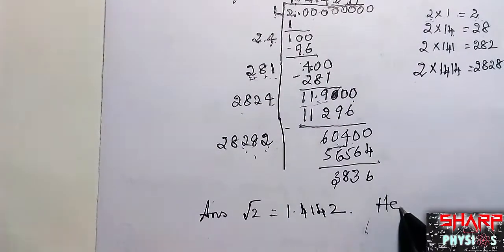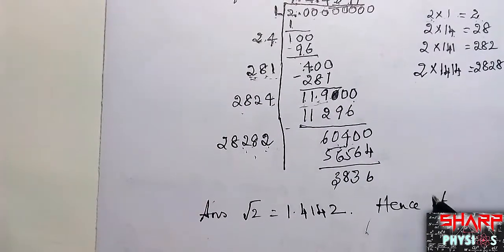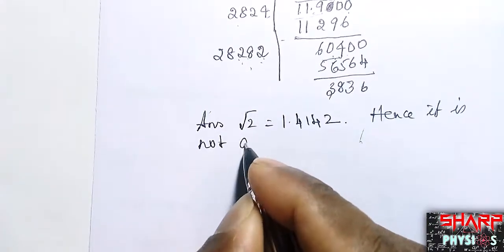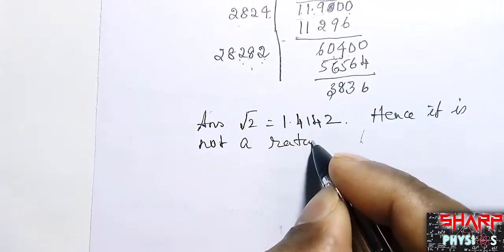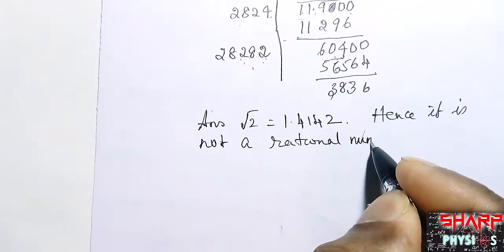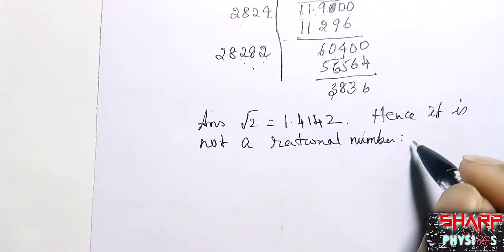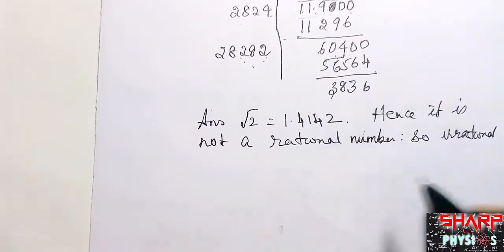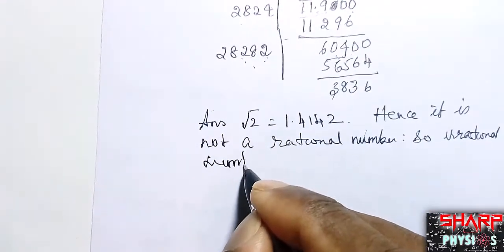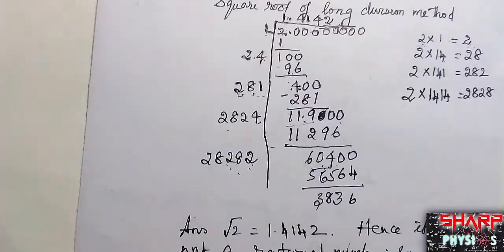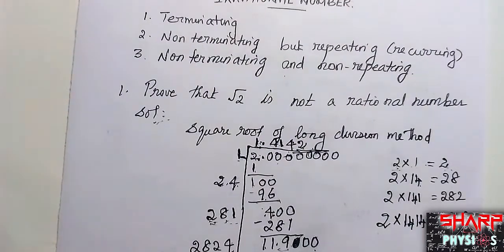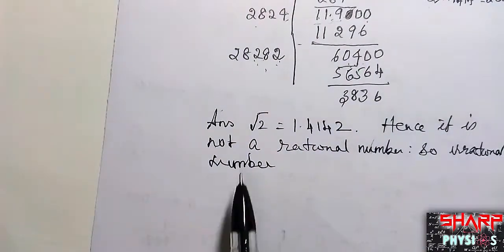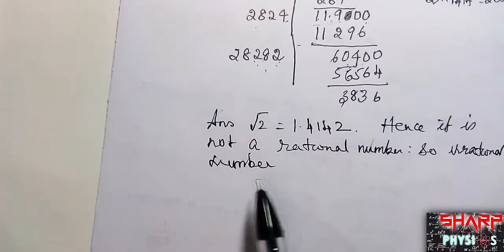Hence, it is not a rational number, so it is an irrational number. Our question is, prove that root 2 is not a rational number. So we have proved it is not a rational number, so it is an irrational number.